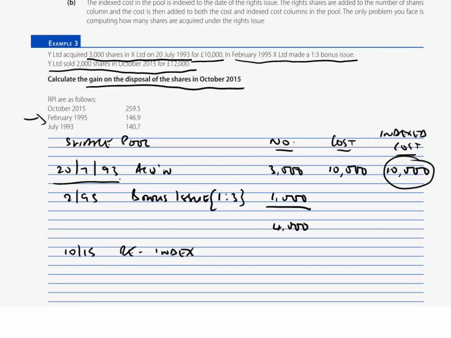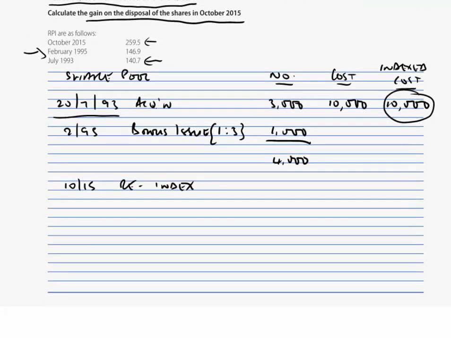There was no purchase of those shares, and hence no re-indexation has occurred. So our re-indexation must go all the way back to the original acquisition cost in July 93, where we had the RPI of 140.7, and re-index all the way through to the date of disposal, October 2015.